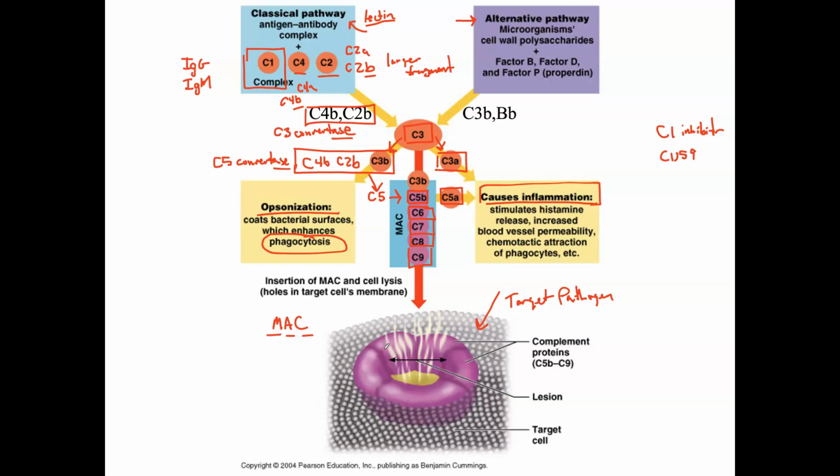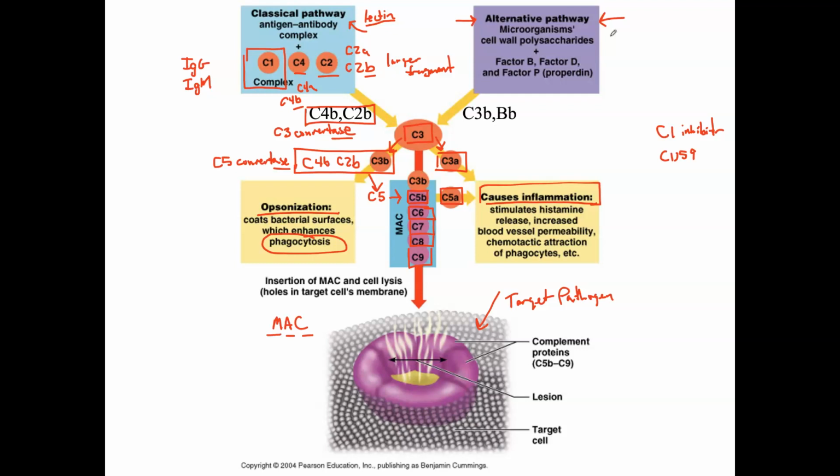The alternative pathway is exactly how it sounds. It's an alternative way to get to C3 convertase. So the alternative pathway is really just another way to activate the C3 protein. What's interesting about the alternative pathway is that this process can occur on the surface of pathogens without the presence of specific antibodies.